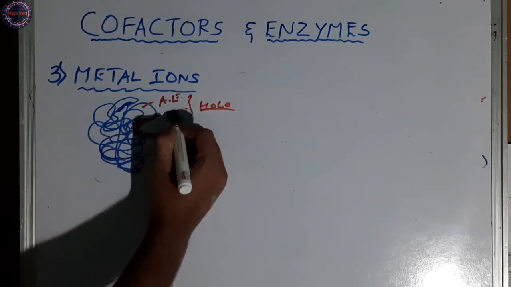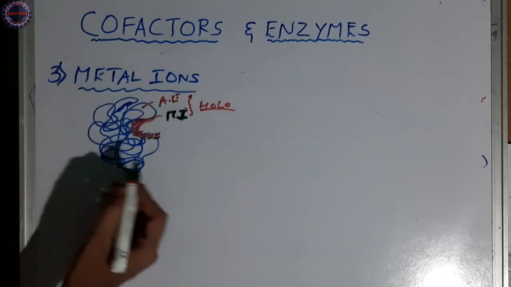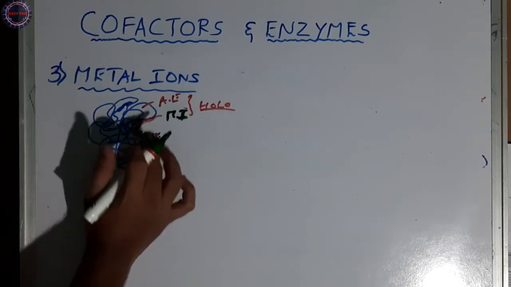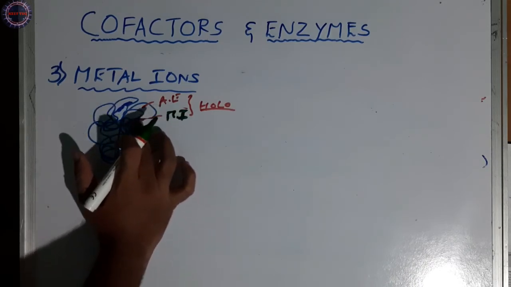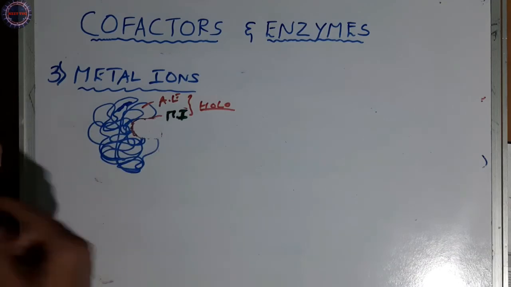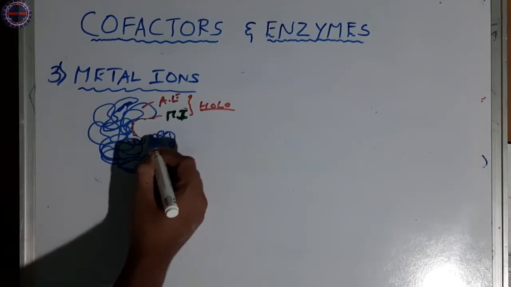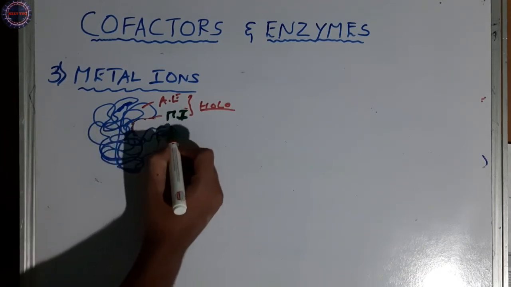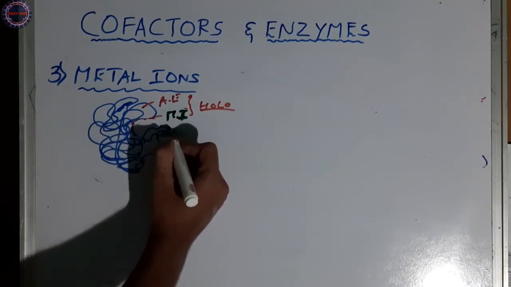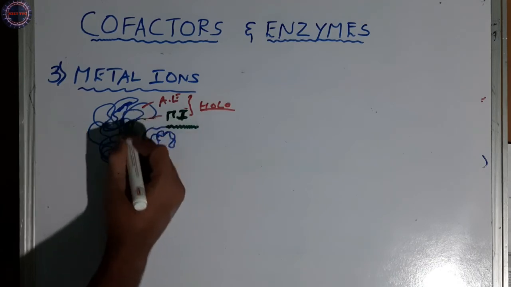Now this cofactor in this case is the metal ion, anything like zinc, for example, which is easy to understand. They are going to bind to the apoenzyme towards the ends of the side chains. Let us assume that the polypeptide chain is like this. A particular metal ion now binds to the side chains of the active site of this enzyme.